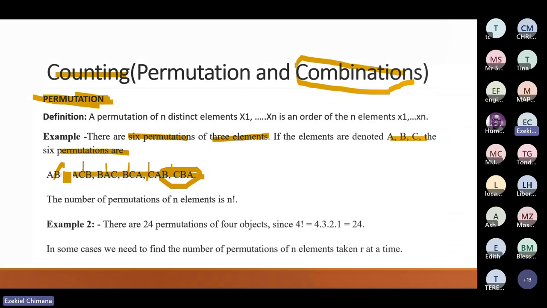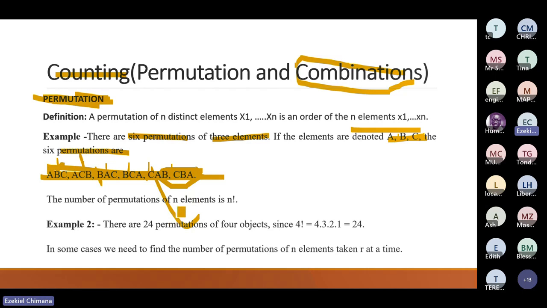So these ones will become your permutations. There will be 6 permutations there. So you'll be given the elements, and then asked to find maybe the total number of permutations that you can have from that list of elements.